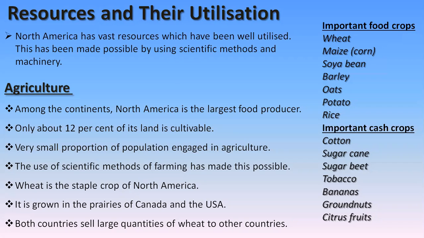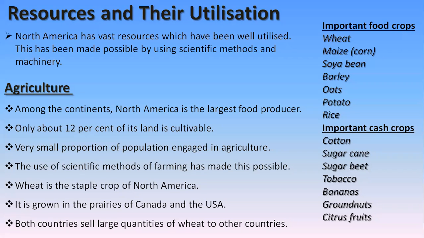A very small portion of the population is engaged in agriculture. Most of the countries are not that populous. The population rate is very low in those countries, and even though some countries have more population, a very small portion of the population is engaged in agriculture. Even so, they become the largest food producer.